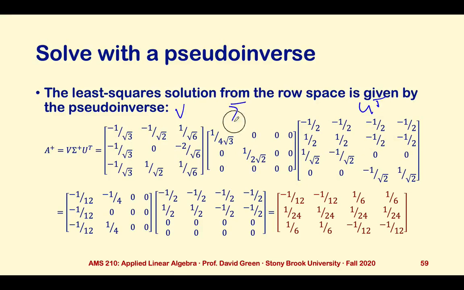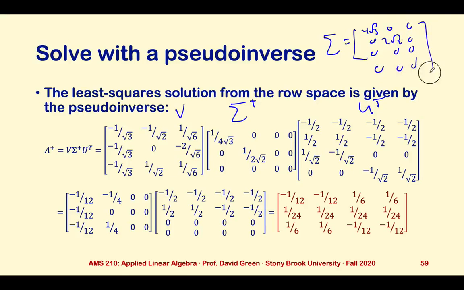And what we need to put in here is sigma plus. Sigma plus is the matrix that we get by taking sigma. Sigma was 4 root 3, 2 root 2, 0, 0, 0, 0, 0, 0, 0, 0, 0, 0, a 4 by 3 matrix. And what we do is we take 1 over the entries of sigma where we have non-zero entries.